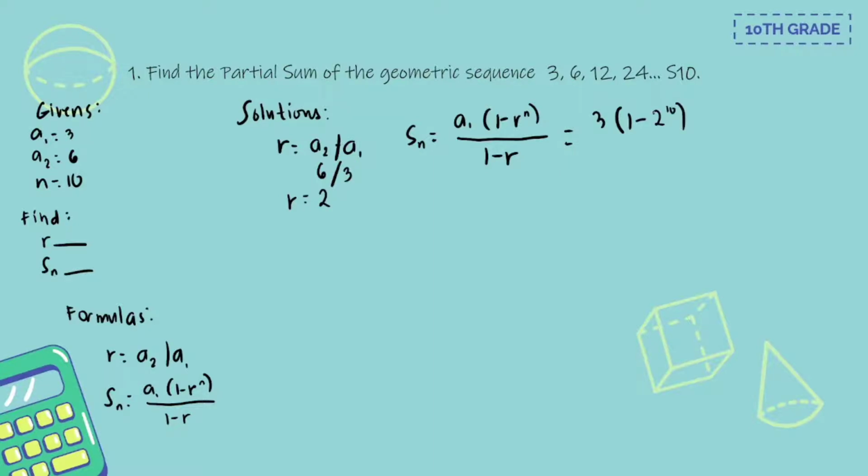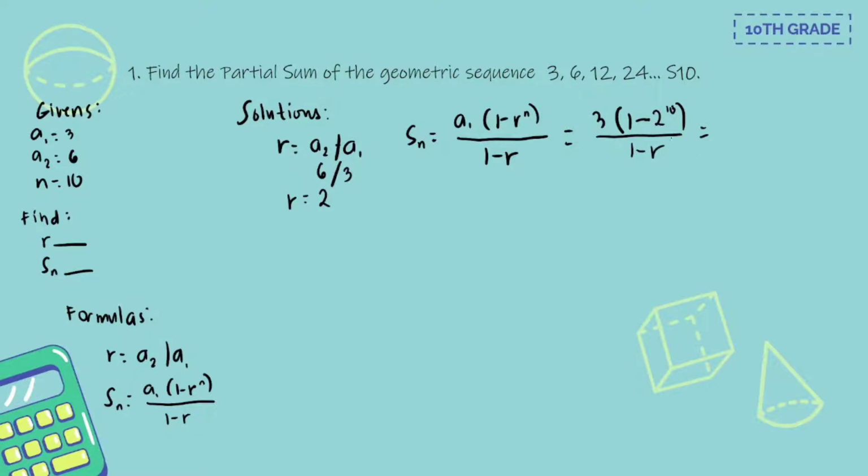So remember that our 2 here is not positive, it's negative. Okay? So when you use your calculator to simplify negative 2 to the exponent of 10, you have to include the negative sign. So over 1 minus r.